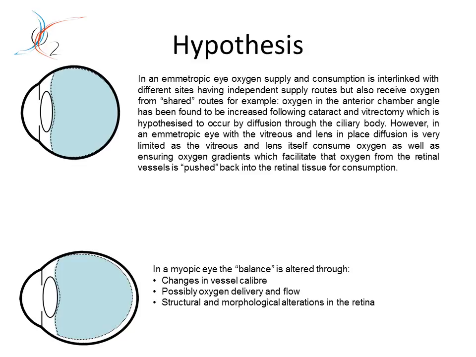Now there is another nice study, I think the author is Siegfried, if I'm not wrong, which looked at partial oxygen pressure at different points within the eye in patients who still have their lenses and vitreous, in patients who had just a cataract removed, in patients who had only the vitreous removed, and in patients who had both the lens and the vitreous removed.